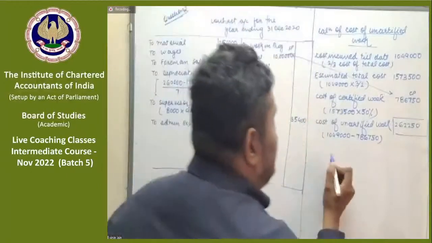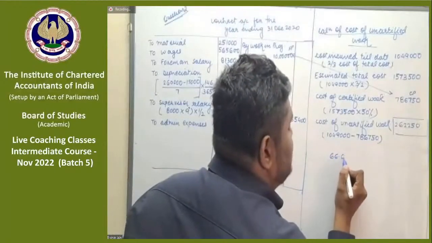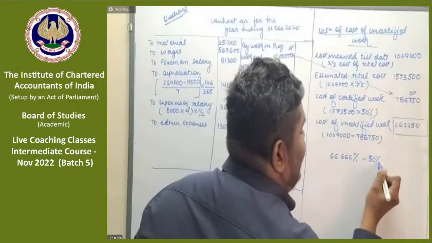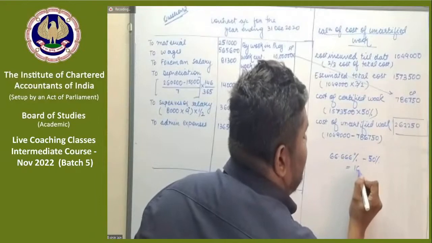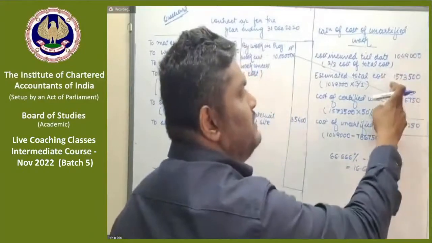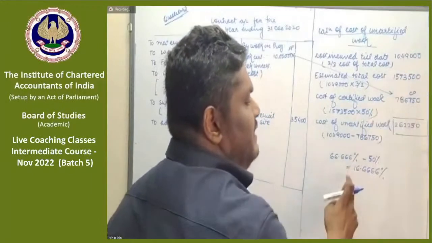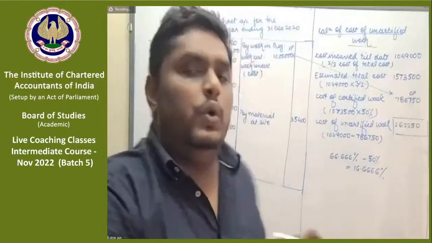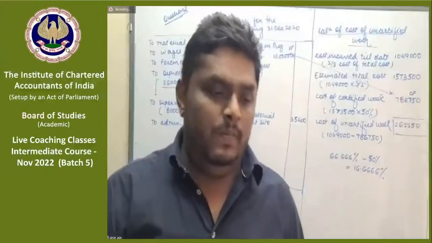Total work completed is 66.666%, of which 50% is certified. So how much is uncertified? 16.666%. So of the total cost, that is 15,73,500, 16.666% is uncertified. That will be equal to 2,62,250.